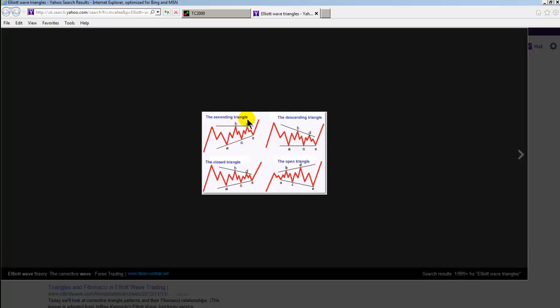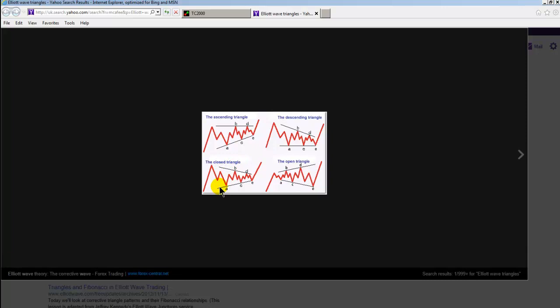All right, so this is what we call an ascending triangle, higher lows and then equal top. And then we have a descending triangle where we have equal low but lower tops. Then we have what we call a contracting triangle.